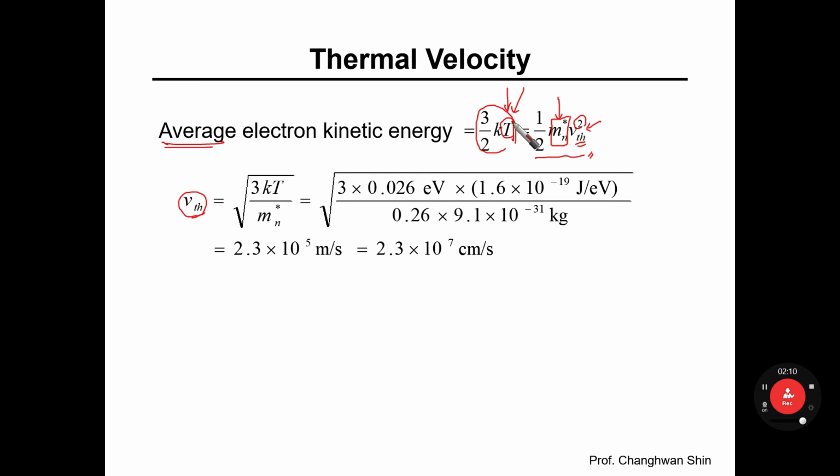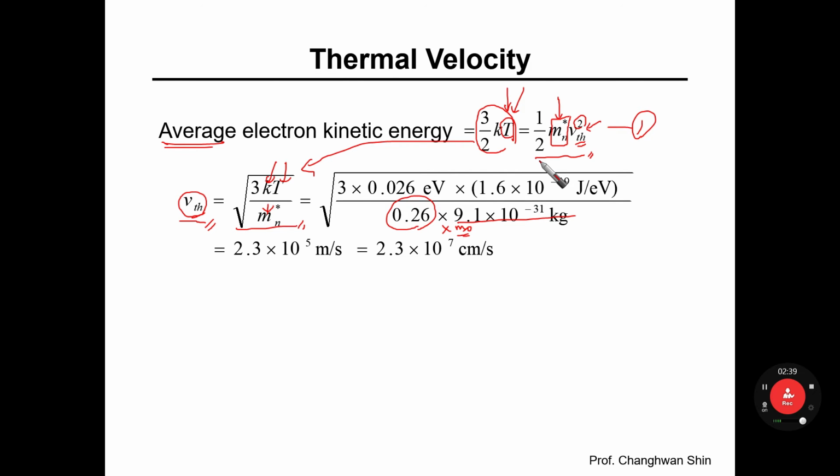Let's do that. From equation number one, you can rewrite the equation with respect to thermal velocity V sub th, then plug in the values kT and Mn asterisk. Here Mn times mass is 9.1 times 10 to the minus 31.